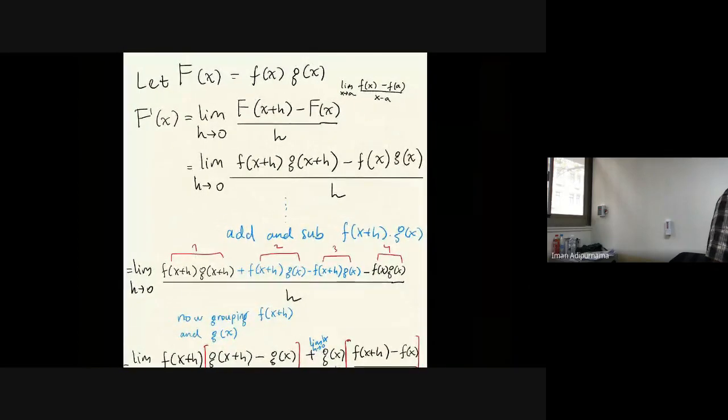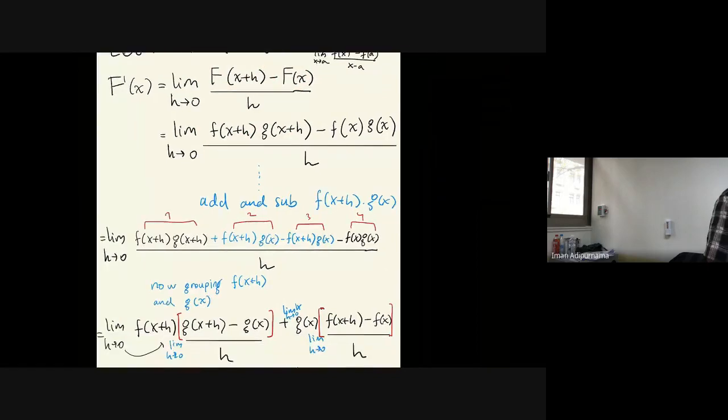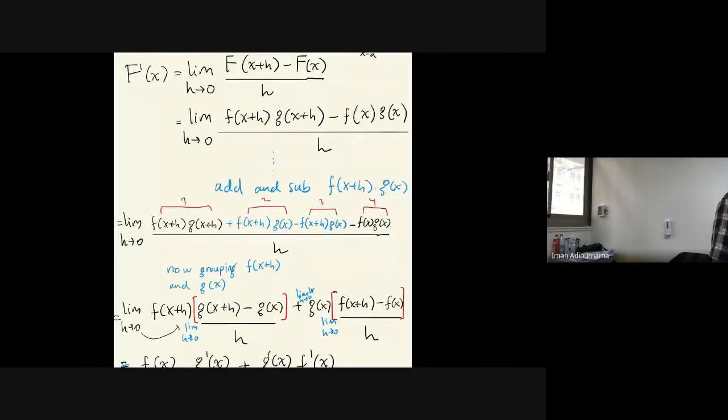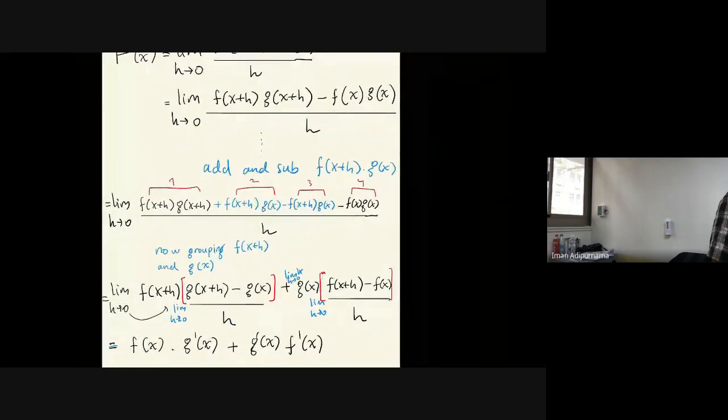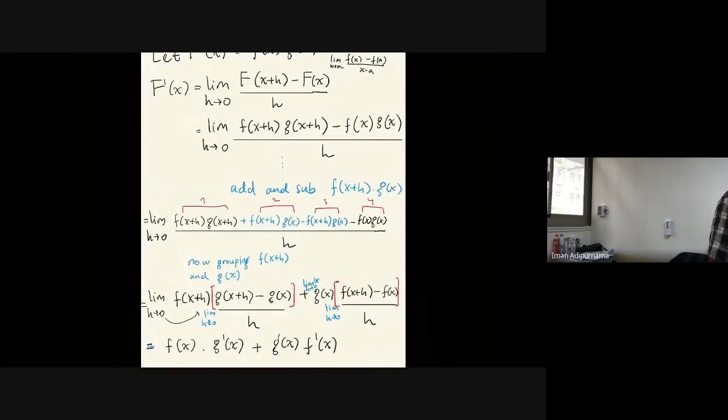So product rule. The function is fg. So you are replacing all the f with fg. Okay, so this big f is okay. And then why we need to add and subtract this form. It's a little bit tricky, but the idea is you have 1, 2, 3, 4 expressions, right? So the idea is to group expression 1 and expression 3. Why?